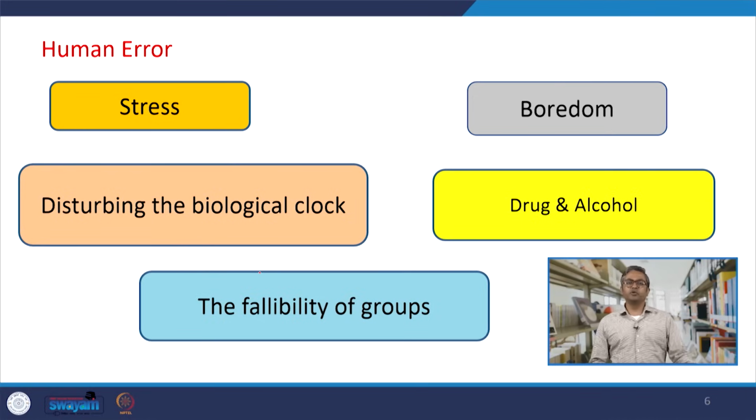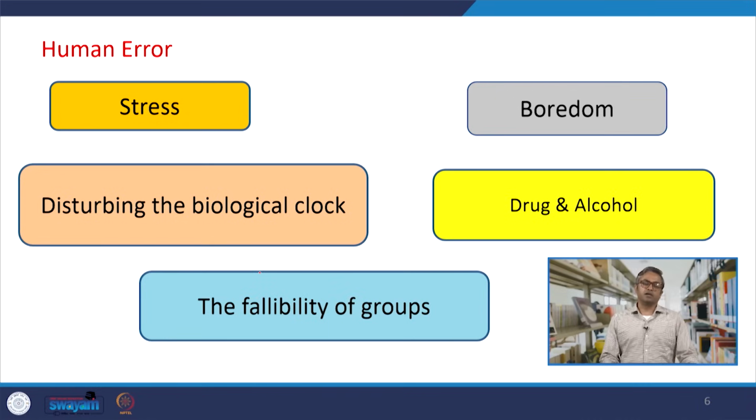Then another contributor is the fallibility of groups. Different groups, different organizations, different people are there. We try to adjust ourselves, but failure to be part of it, failure to be accepted, results in error.